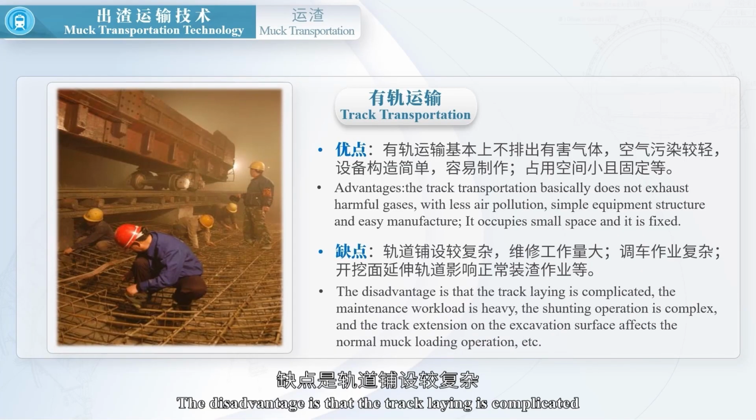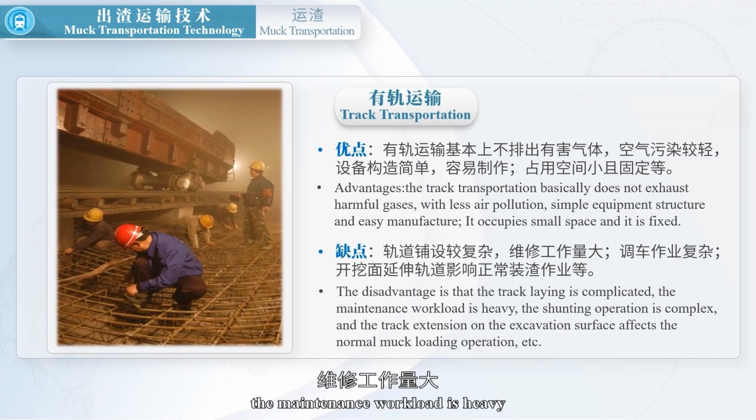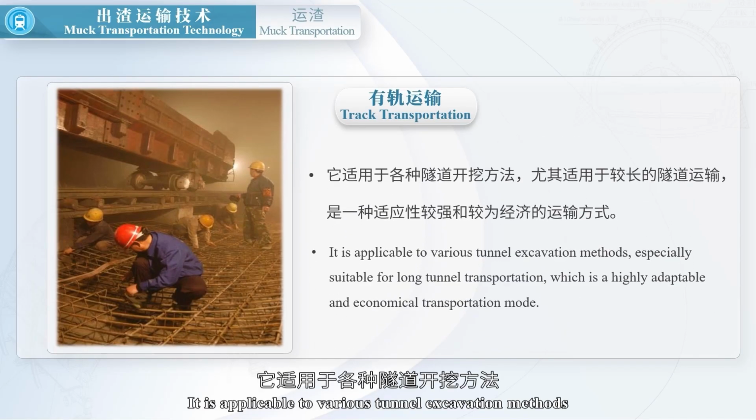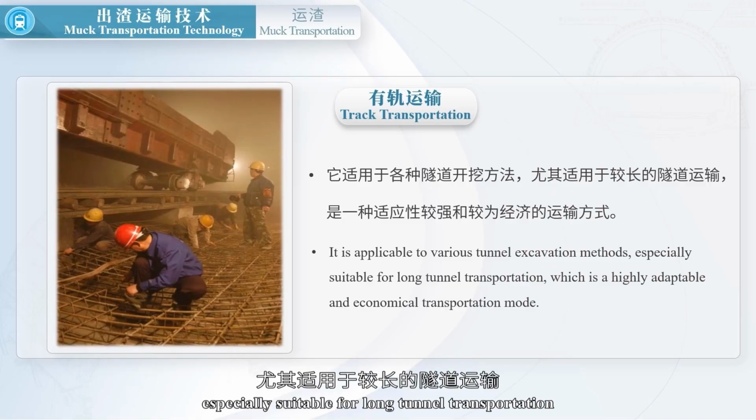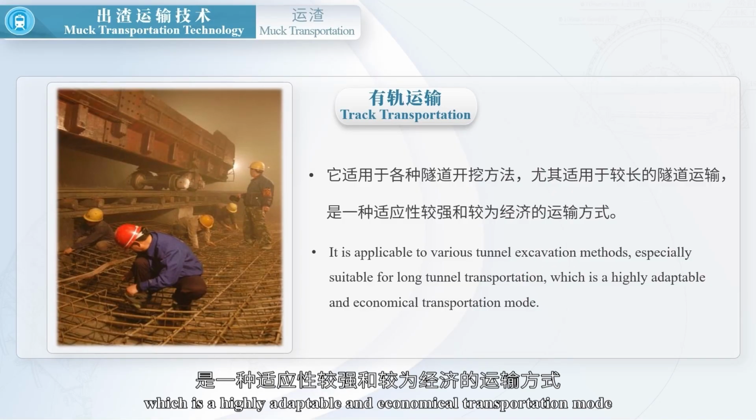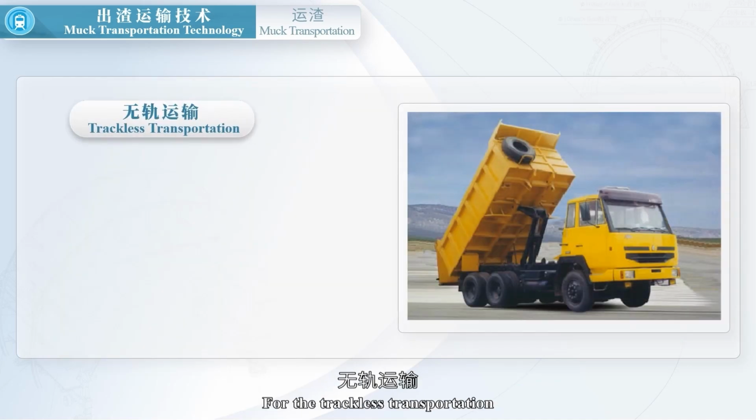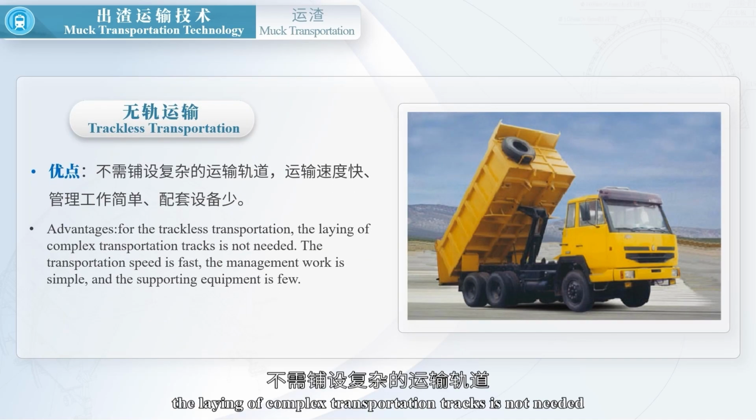The disadvantage is that the track laying is complicated, the maintenance workload is heavy, the shunting operation is complex, and the track extension on the excavation surface affects the normal muck loading operation, etc. It is applicable to various tunnel excavation methods, especially suitable for long tunnel transportation, which is a highly adaptable and economical transportation mode.